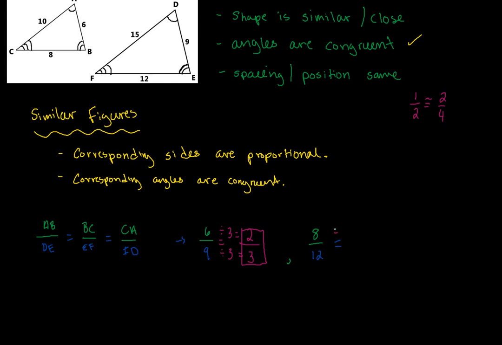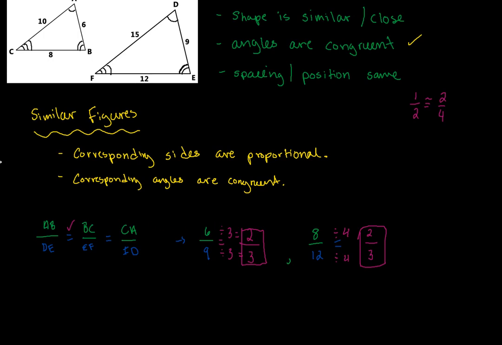They're both divisible by 4. You can divide 8 and 12 by 4. 8 divided by 4 gives you 2, and 12 divided by 4 gives you 3. And so far, this is true. We're good, at least between AB over DE and BC over EF. This is true so far because they both equal 2/3.